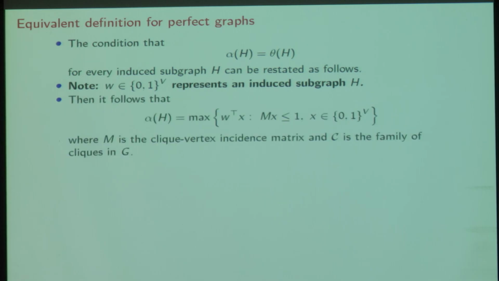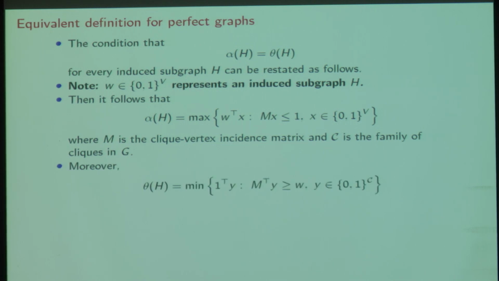Then the independence number can be defined as this packing problem: maximize the linear function w transpose x, subject to the constraint Mx at most 1, which is called the packing constraint, and x is constrained to be 0,1.